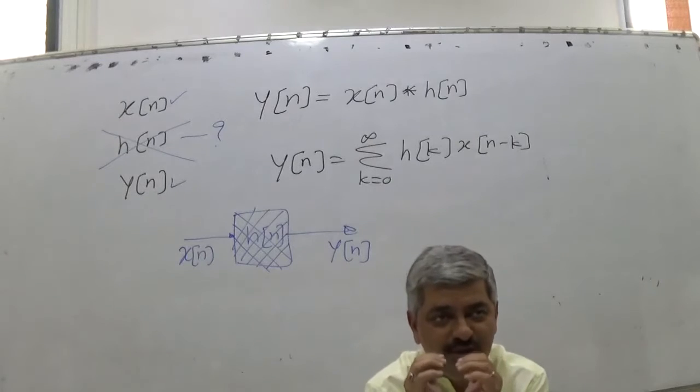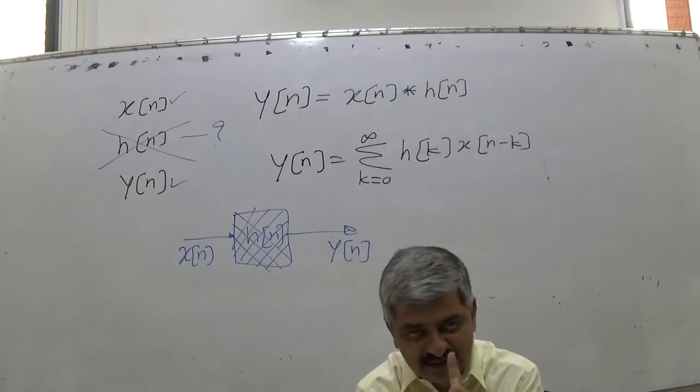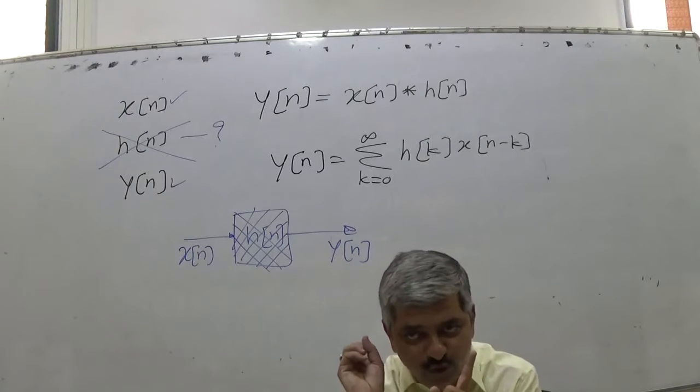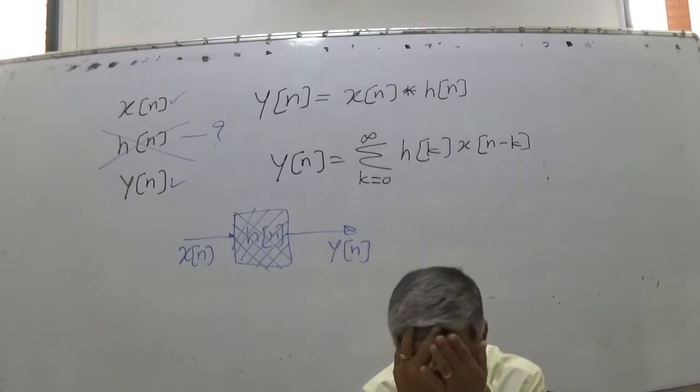So output is a peculiar weighted sum of input and system sequence. If you know both, you can find the output. But if you know input and output, can you find the system sequence?